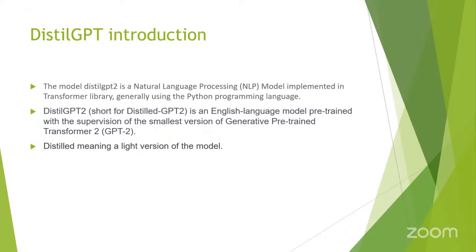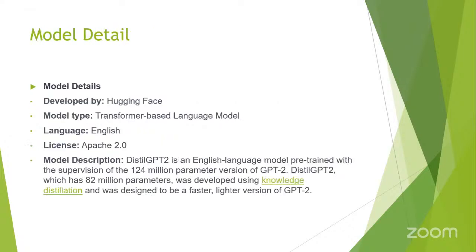So we'll discuss the model details. This model is developed by Hugging Face. Hugging Face is a company that provides multiple open source models. We can use these models for our own purposes, like text generation, language translation, or image to text.